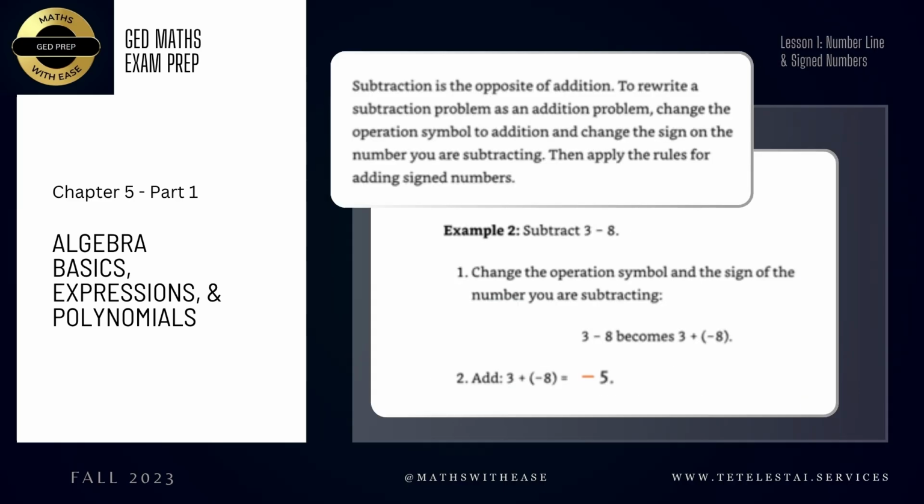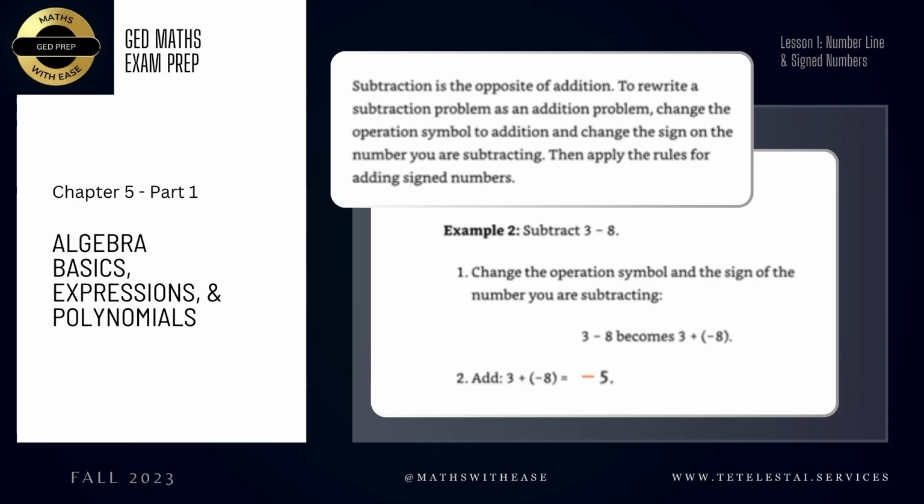So subtraction is the opposite of addition. To rewrite a subtraction problem as an addition problem, you want to change the operation symbol to addition and then change the sign of the number that you're subtracting. Then you want to apply the rules for adding signed numbers. Okay, that's a mouthful, but you'll see what that means in a second. So for example, we're being asked to subtract 3 from negative 8.